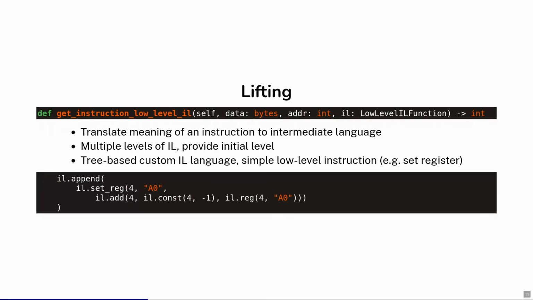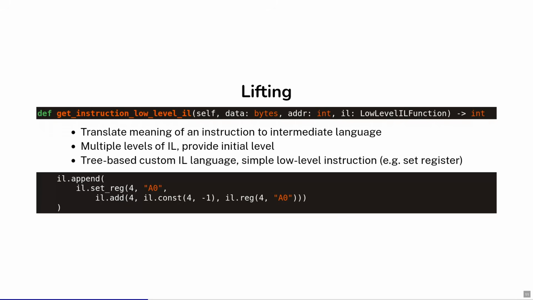Just a bit more context, Binary Ninja has multiple intermediate languages, ranging from low level to medium to high level. And each of these also have multiple different steps in between, because Binary Ninja translates between them when analyzing to reduce unused code and so on. We only have to provide the first step, that is the low-level IL, and Binary Ninja can then go on.